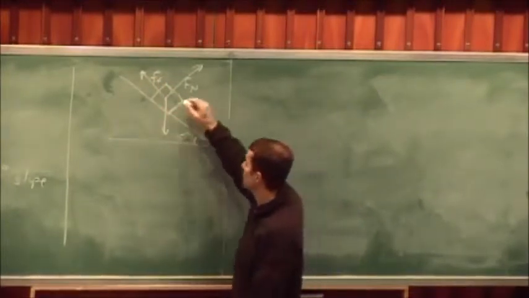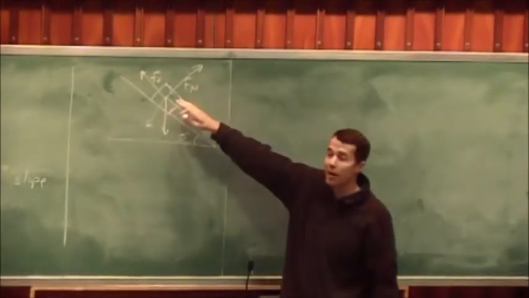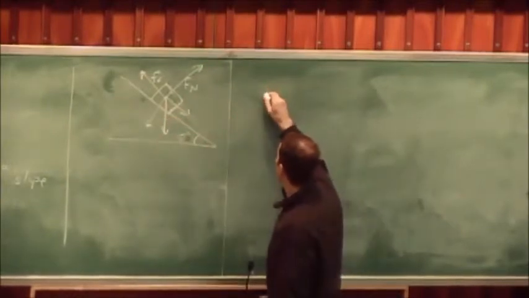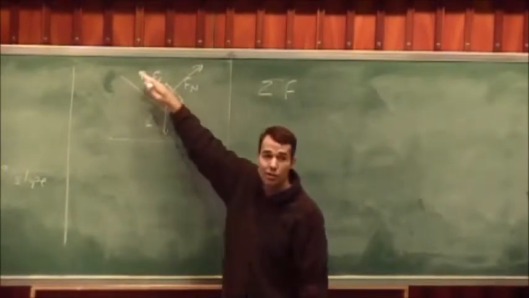Okay, so we need to be able to write this in terms of its components. If I draw my free body diagram, I choose my axes, and I assume this is now my new x direction.